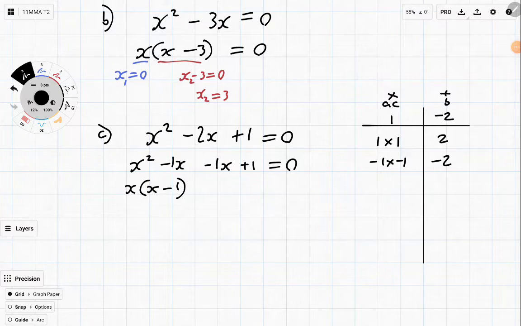Now in this case, if I just factorize out the 1, then I'm going to be left with minus x plus 1, which is a problem because that means that these two brackets don't match. So in this case, I'm actually going to factorize out the negative as well. So I'm going to bring the negative out the front.